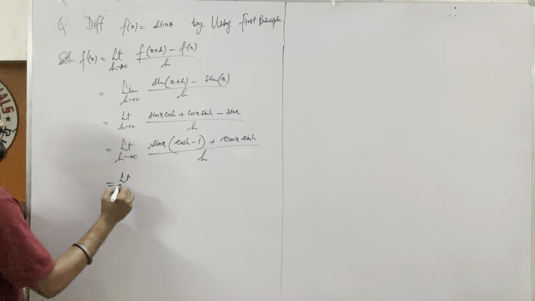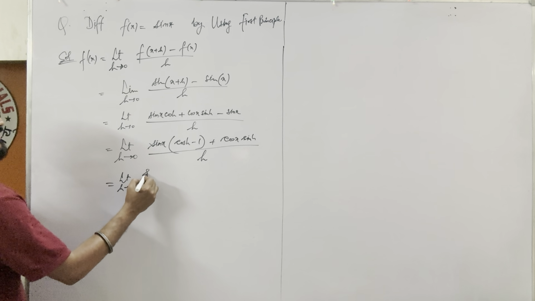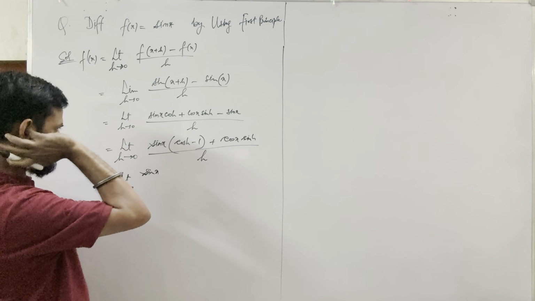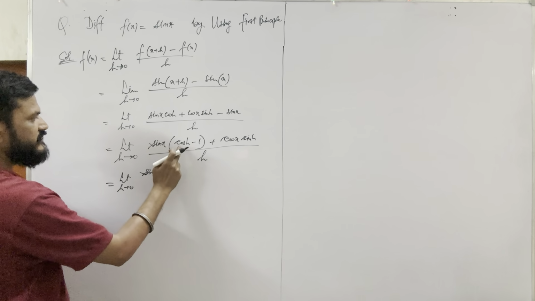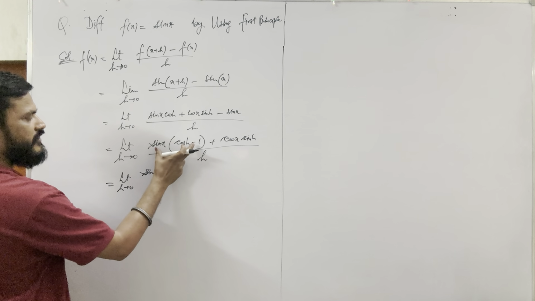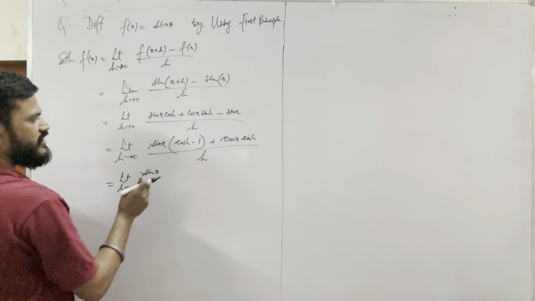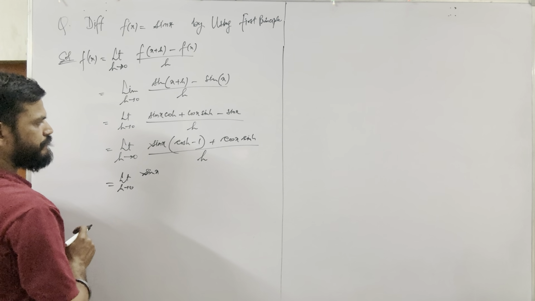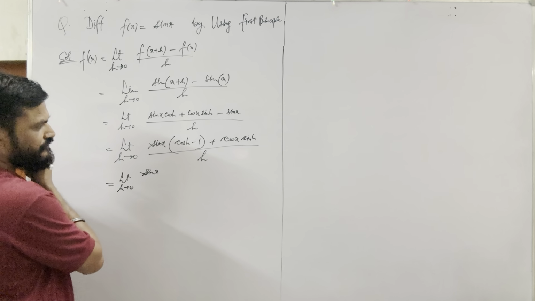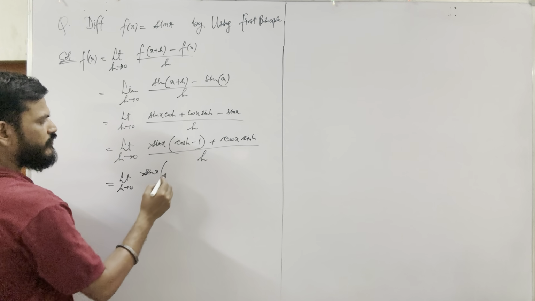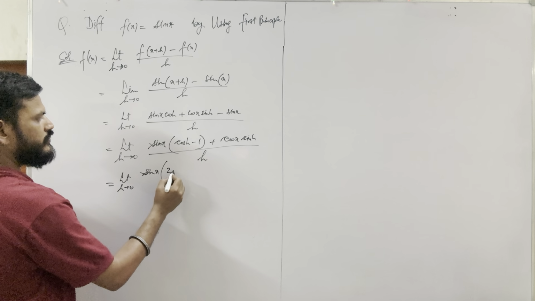Now what we'll do, this is sin x, and then we'll split, I will take this by h and that by h. So cos h minus 1, we'll use the cos 2h formula.